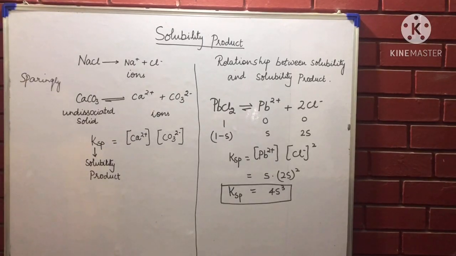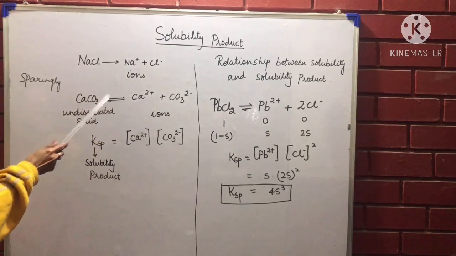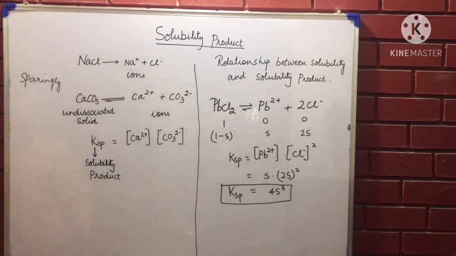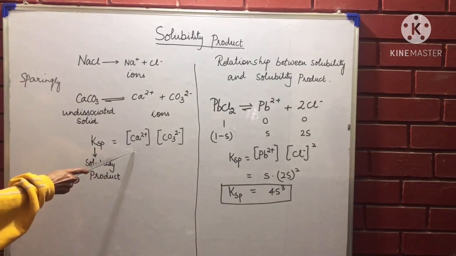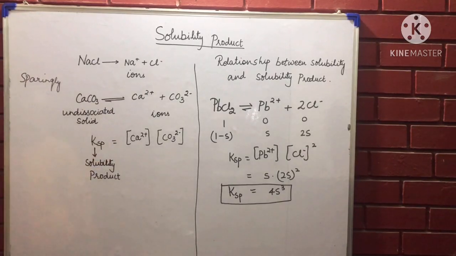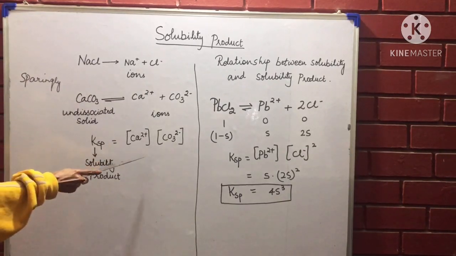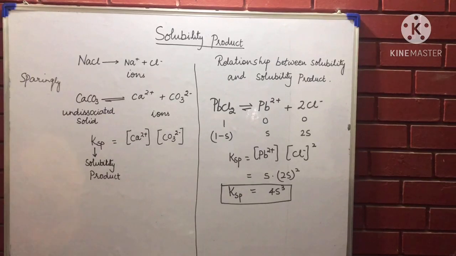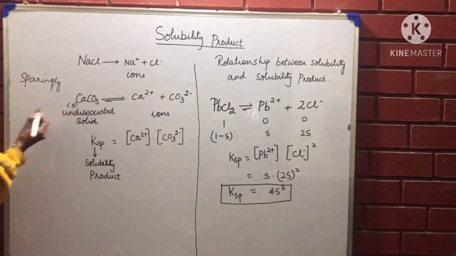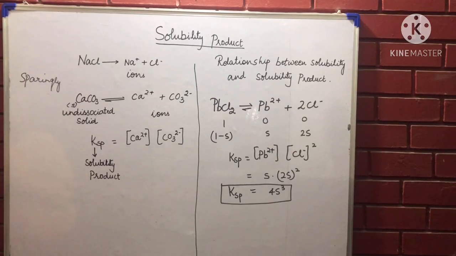At equilibrium, the ions and the undissociated solid come to a state of equilibrium. At that point, I can say Ksp is equal to calcium ions into carbonate ions divided by CaCO3. But since CaCO3 is a solid, we will take its value as 1.